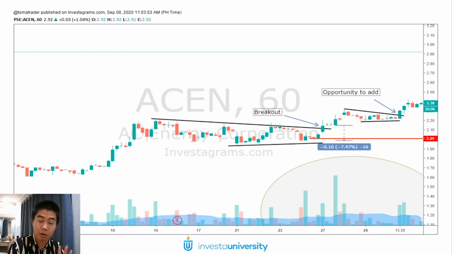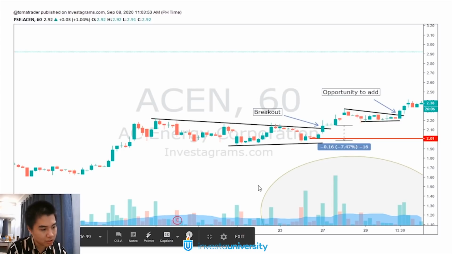I'm not saying mag all in or mag 50%. Depends on the type of trader you are. Probably the more aggressive side will be 25 to 30% with the proper risk management parameters. Tas tama yung pag-compute ng position size. But yun nga, continuation patterns also give us an opportunity to add. So if you bought here, pwede ka mag-add ulit dito dahil nag-form siya ulit ng falling wedge or flag or pennant or whatever. Right? And then as you can see, coupled with the strong move packed with volume.